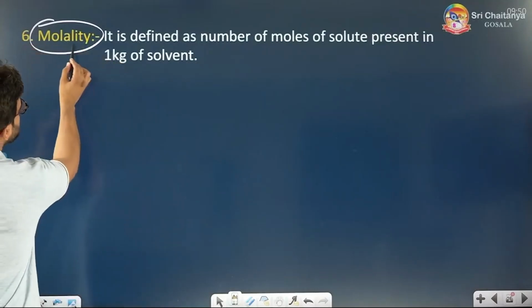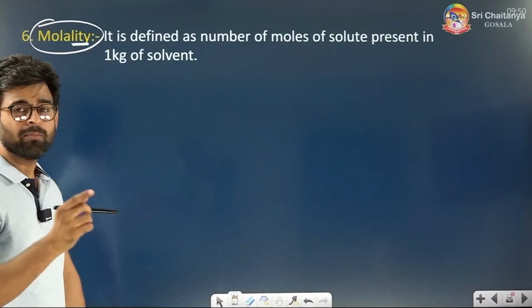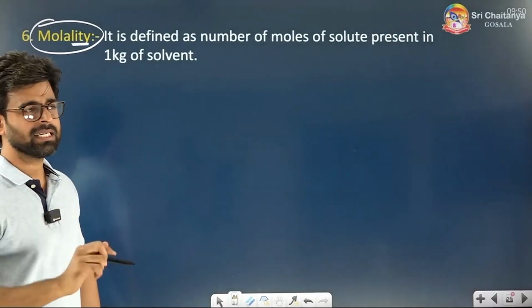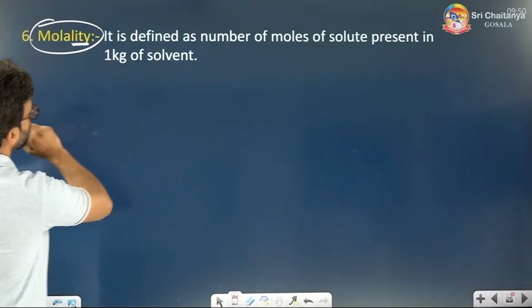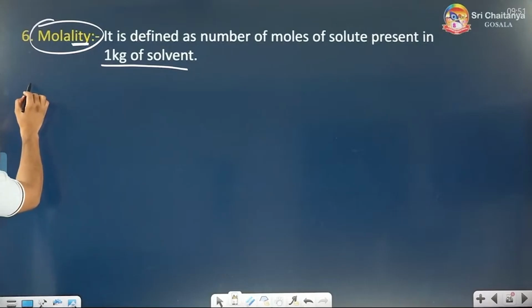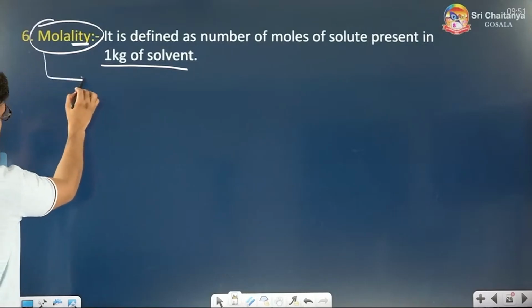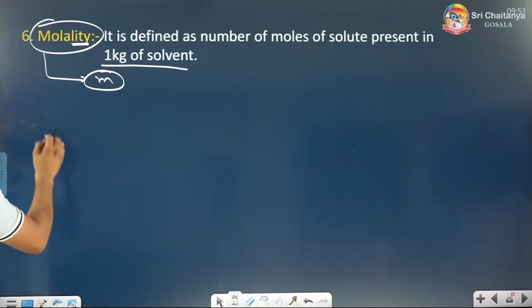It is not molarity, it is molality. Sometimes we make this mistake. It's a different term. We can say it is defined as number of moles of solute per kg of solvent. We show it by small m. Small m is the symbol for molality.